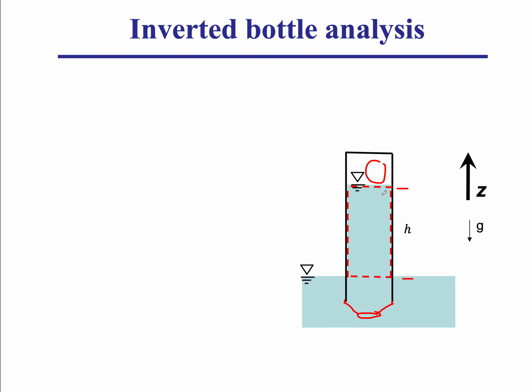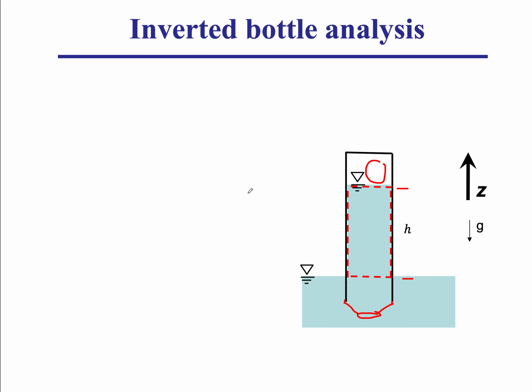And I would take the water inside the bottle just right above the free surface, because that's the confusing part of it. Why is the water not flowing? Why am I able to sustain a level H of water above the free surface without it flowing?